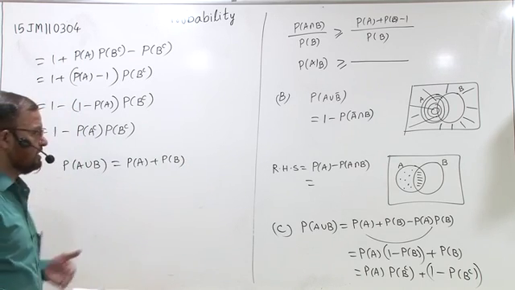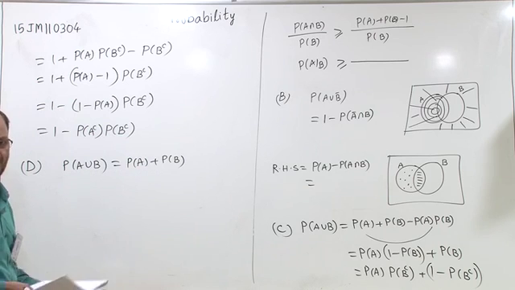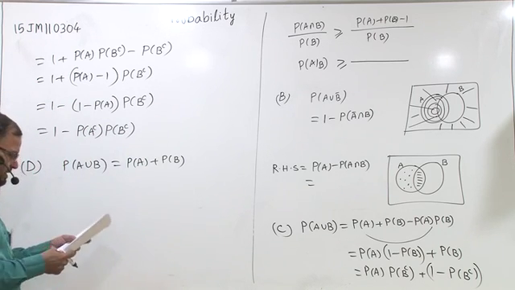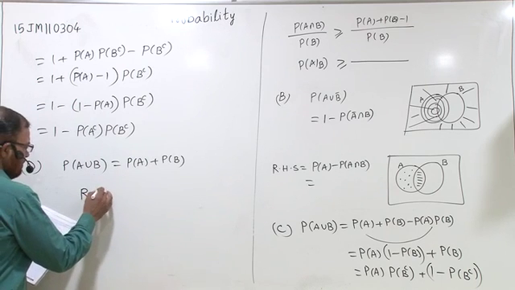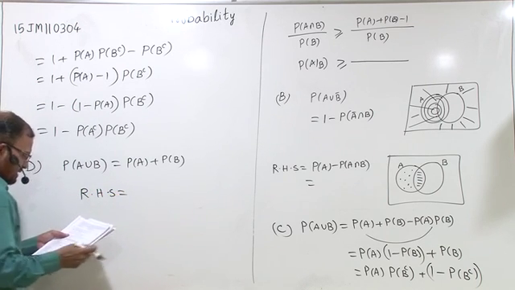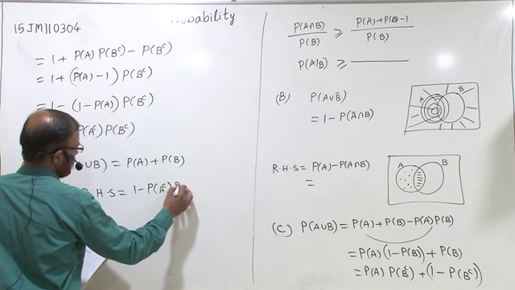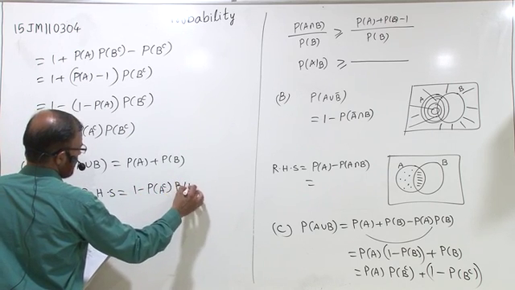Now by using the C option, just now we have proved that probability of A union B is equal to this one. Then this RHS, if I simplify, will become 1 minus probability of A complement into probability of B complement.